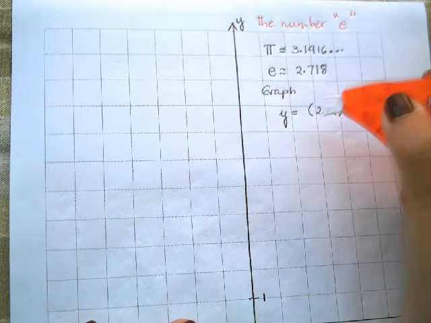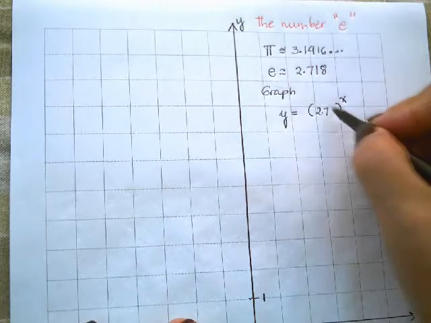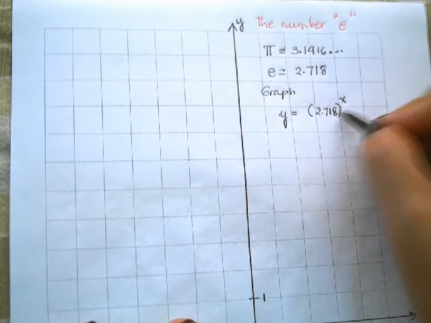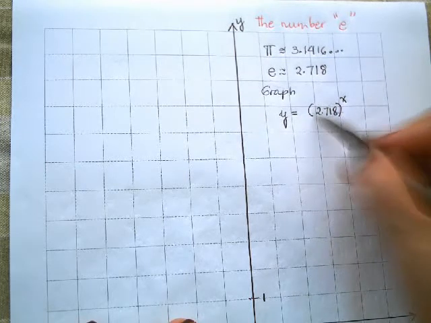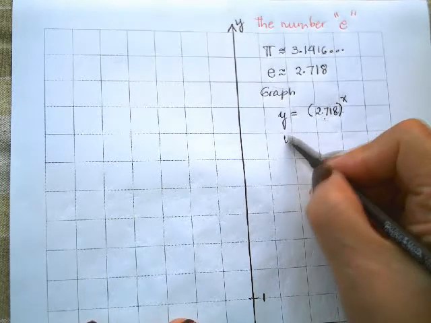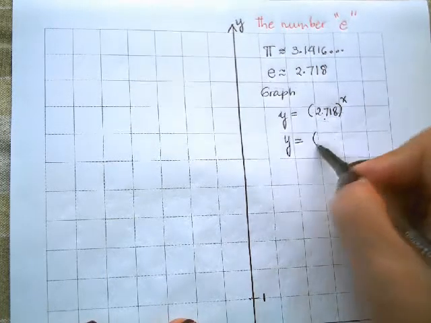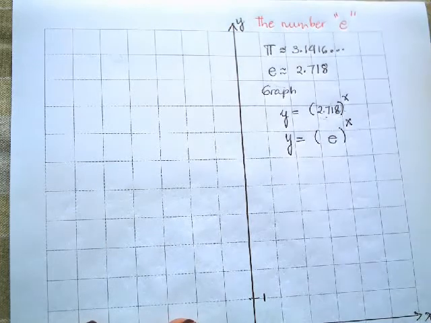This is an exponential growth because the base is bigger than 1. So instead of writing that, I'm going to write the symbol e to the x.